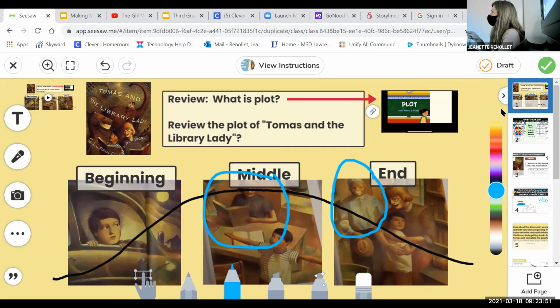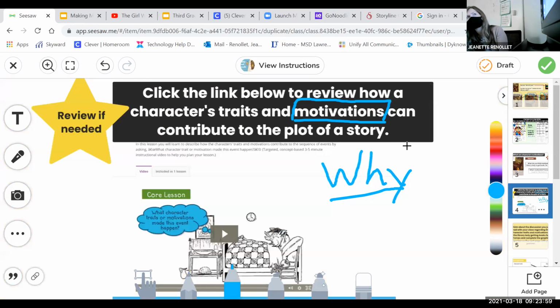Why does the library lady help Tomas? We're going to be thinking of this question word why to help us understand motivations. Thinking about why does somebody do what they do? Why are they motivated to do that action?